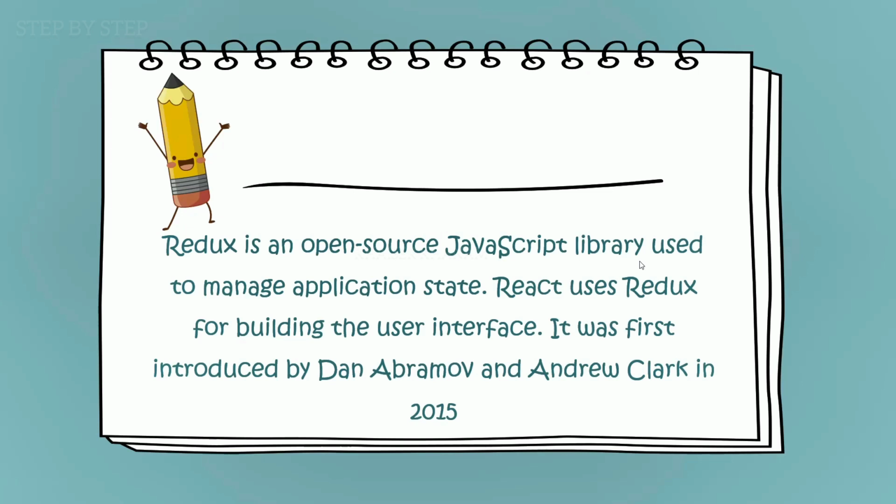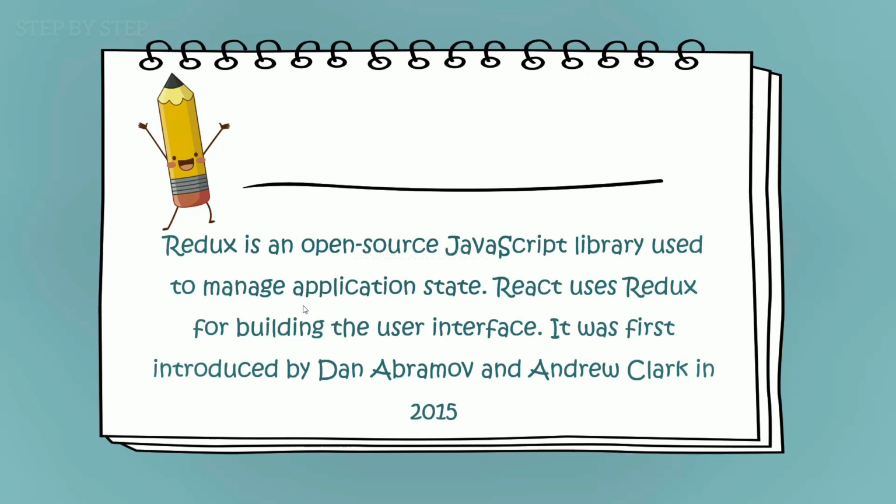People get confused and think it is only used with React. No, it is not. It is completely independent. Even without using React, we can use Redux. It is an open source JavaScript library used to manage our application state.